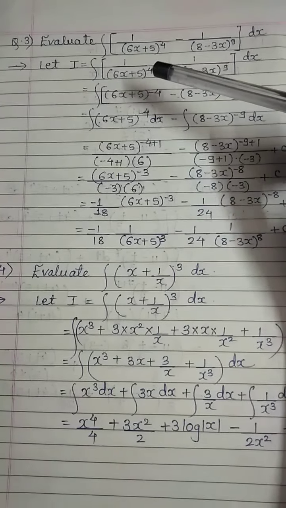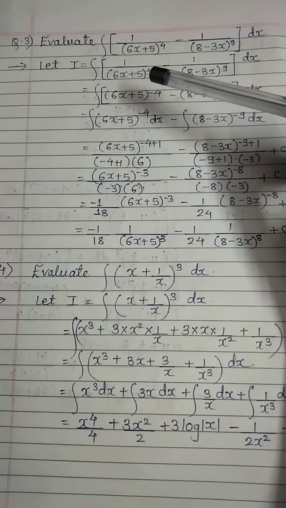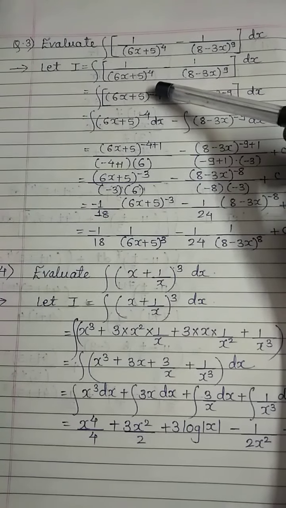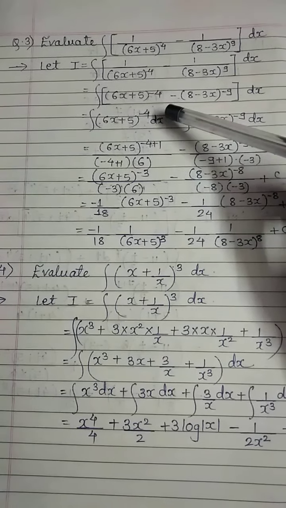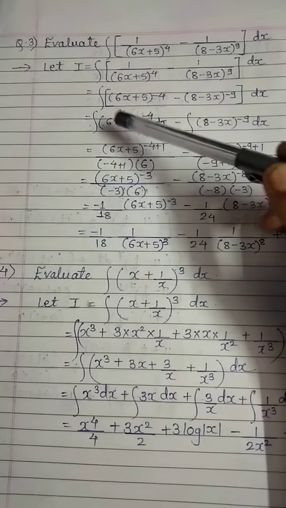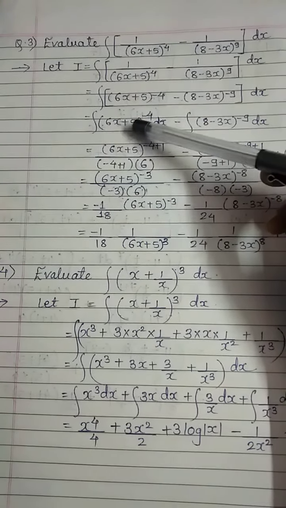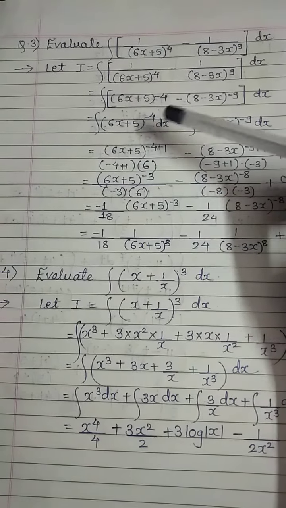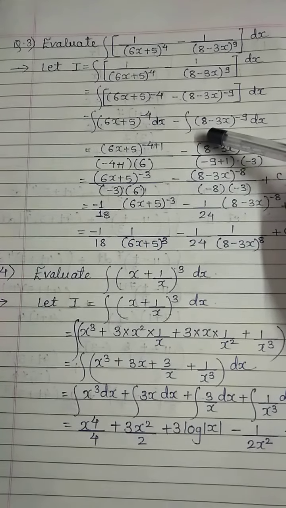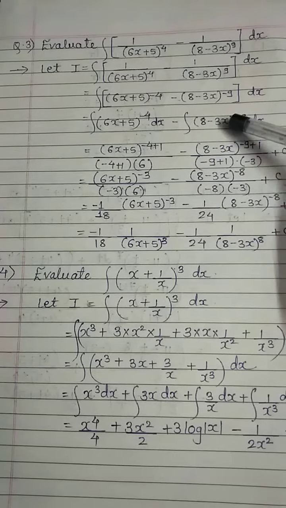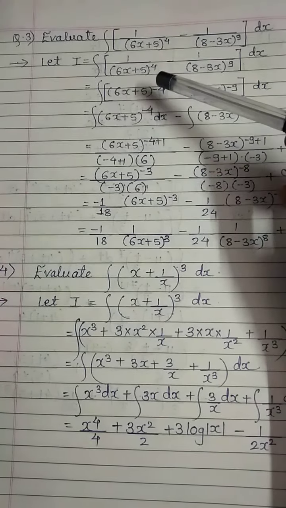As the linear expressions with power n are present in the denominator, when we write them in the numerator the power will become negative. So here we will get the integration of (6x + 5) bracket raised to −4 dx minus the integration of (8 − 3x) bracket raised to −9 dx.